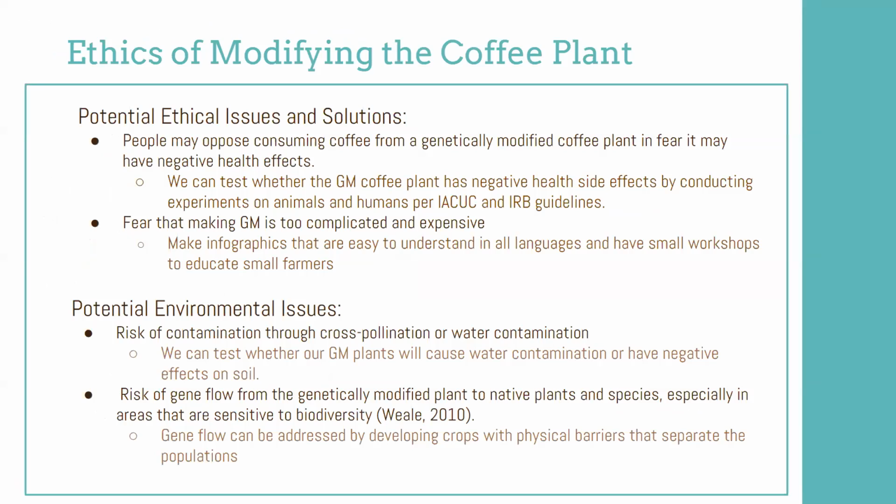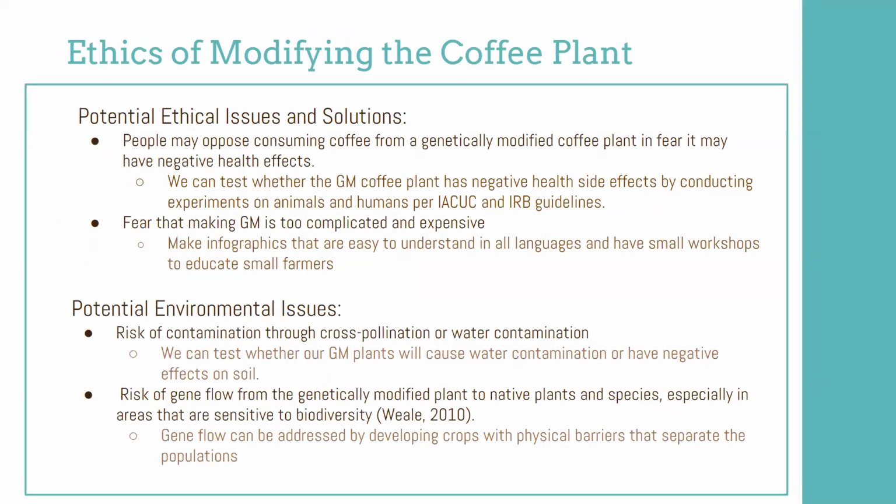Now I'm gonna be talking about the ethics that come with modifying the coffee plants. A potential ethical issue would be that people may oppose consuming coffee from genetically modified coffee plants in fear it may have negative health effects related to it.